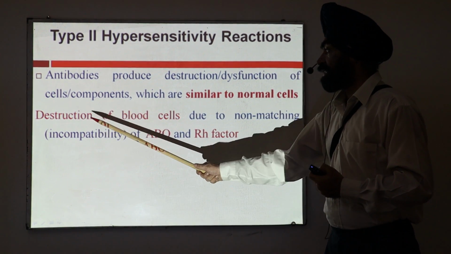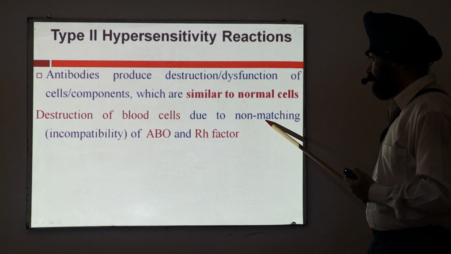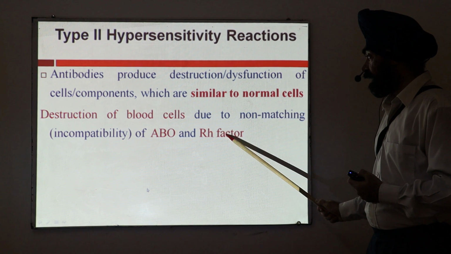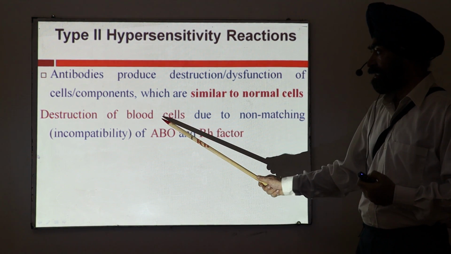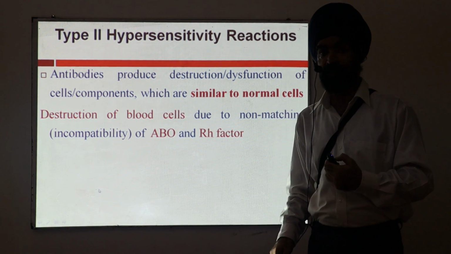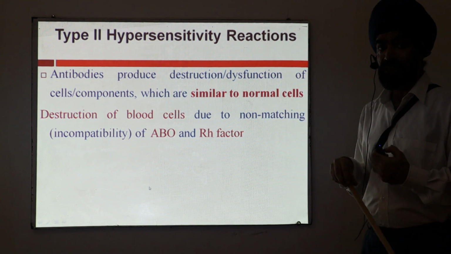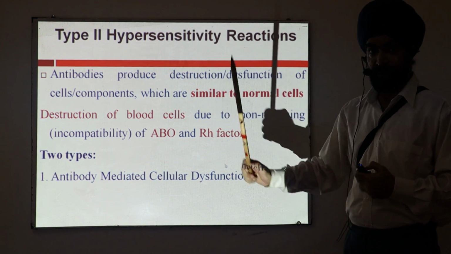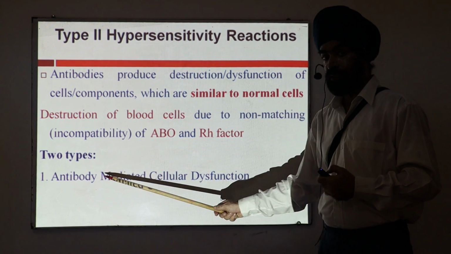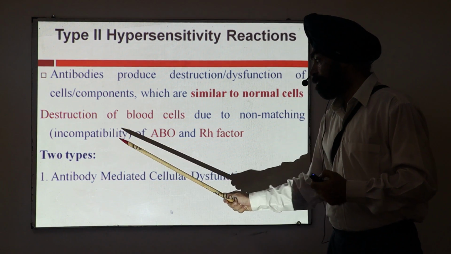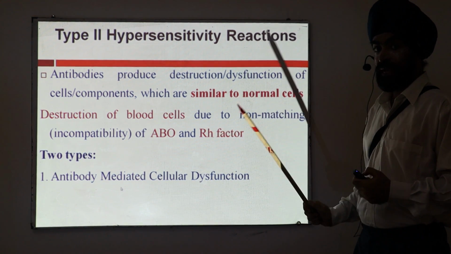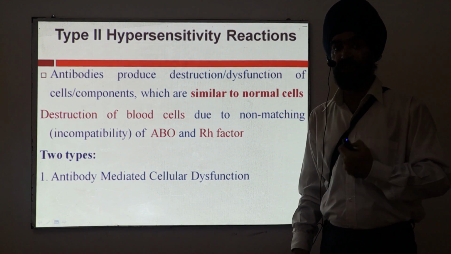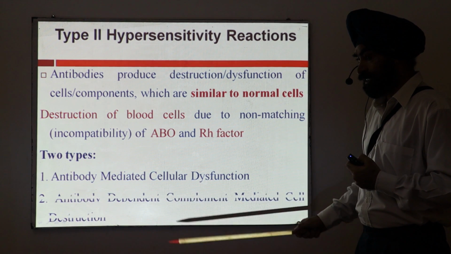That is the destruction of RBCs due to non-matching or incompatibility of the ABO group or the Rh factor. Here you can see the blood cells are not very different from normal cells, very similar, but obviously some differences. So these can be two type 2 hypersensitivity. Number one, you have to see the words I am saying: antibody-mediated cellular dysfunction. That means antibodies are producing some dysfunction of the cell. Now see the second term.